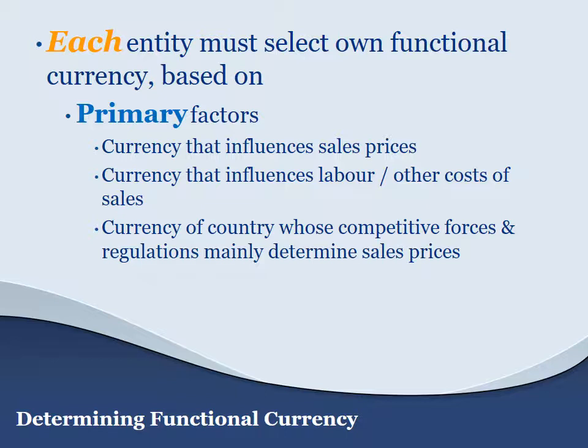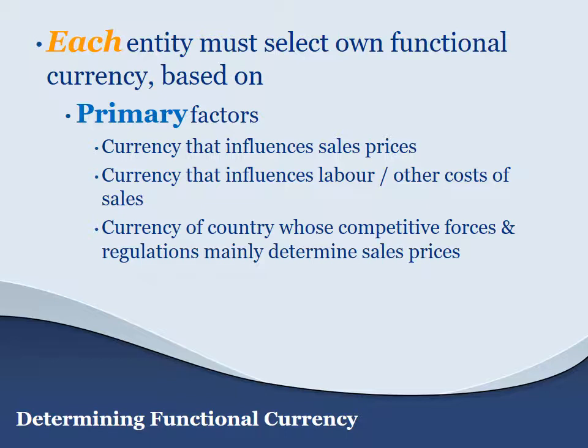Primary factors are such factors as what influences the sales prices that an organization applies in its business, the currency that influences the labor costs, and any of the other significant costs that an organization needs to incur in order to keep its business running, or the currency of the country in which the organization operates and whose competitive forces and regulations determine what the sales prices are that this organization is going to charge.